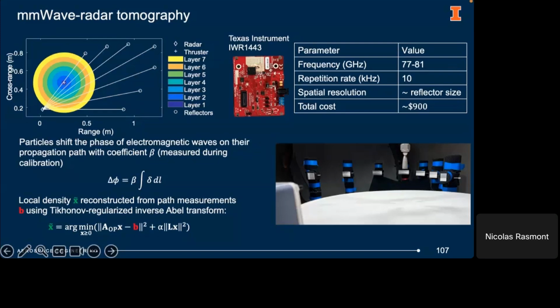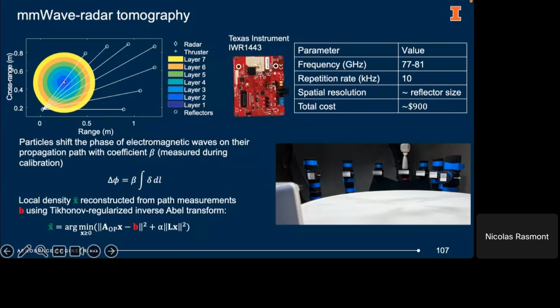This shift in phase is directly proportional to the path integral of the volume fraction of ejecta. This is a very powerful technique because it allows us to measure concentration of ejecta independently of the particle size distribution. And it also does so in conditions that would be completely opaque and inaccessible to an optical system.